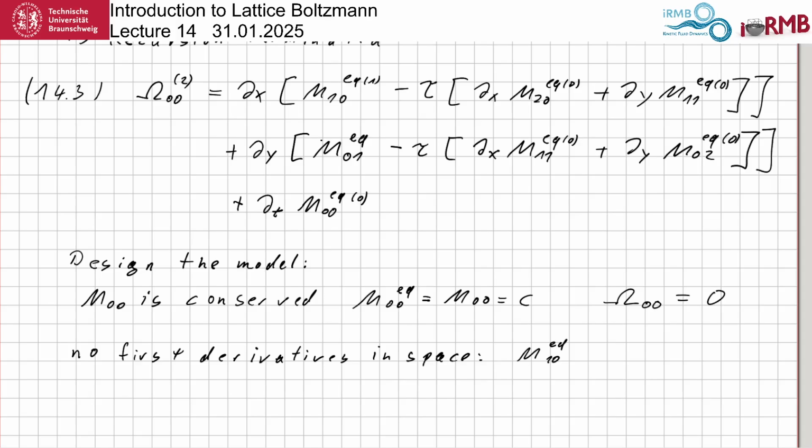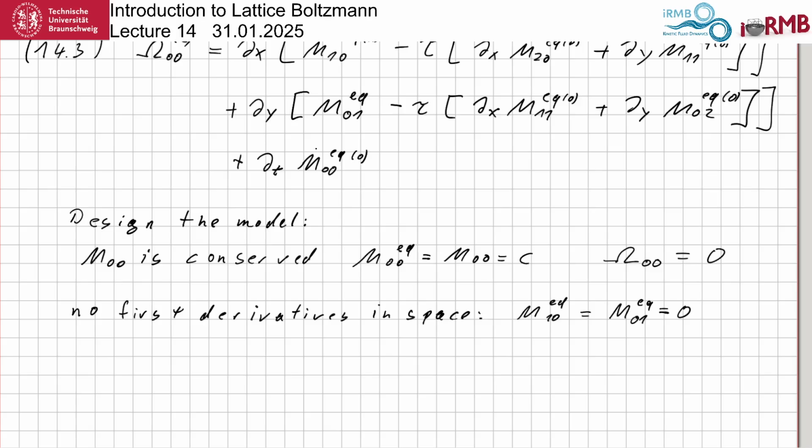This is the stuff that we have under control, which means here are no orders. So these two things here are zero, so we don't have any first derivative.